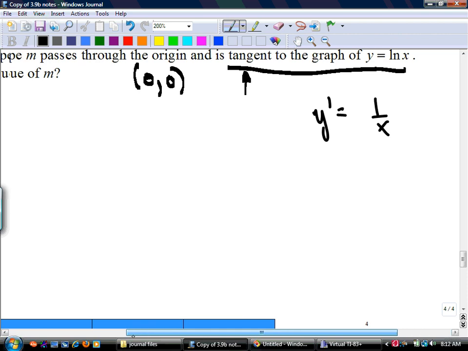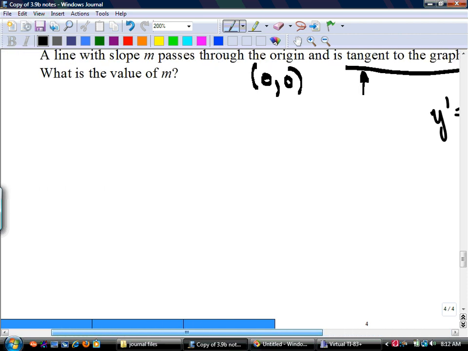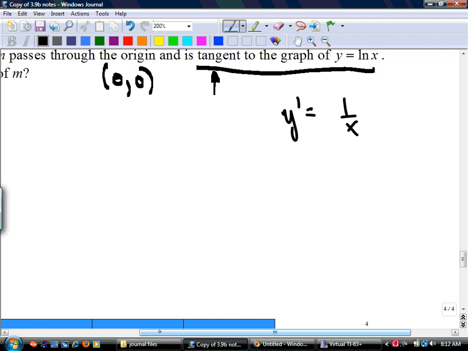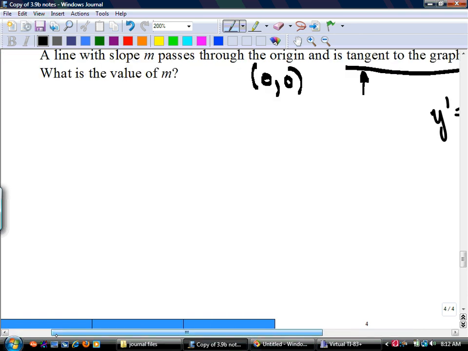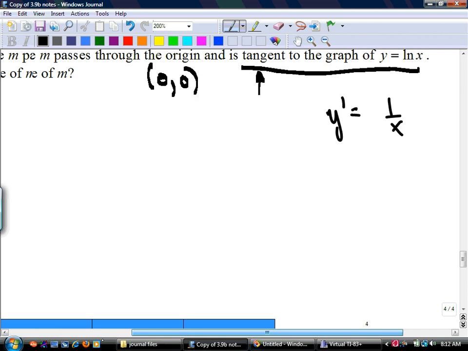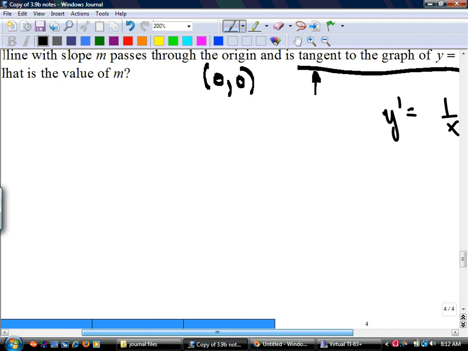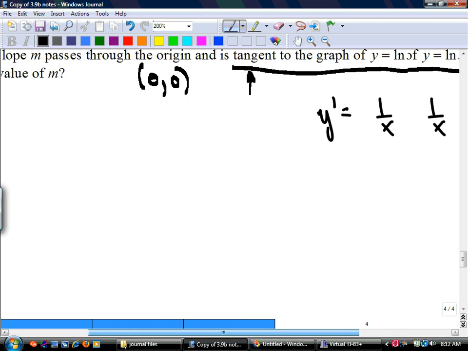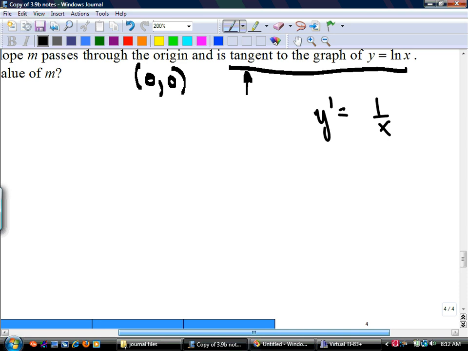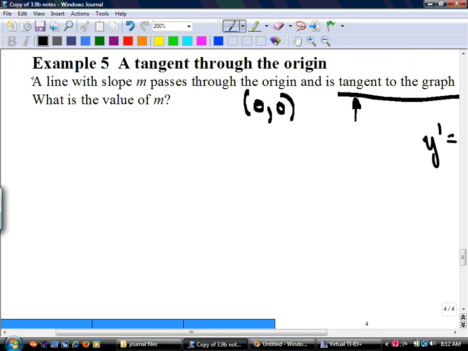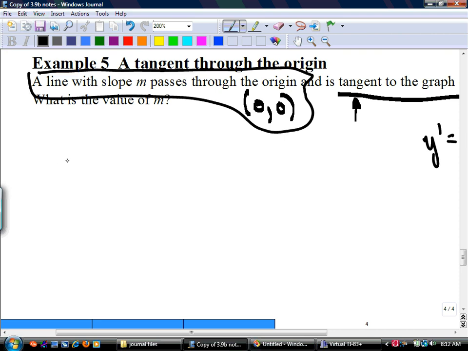So I am looking for a line with slope m. So what we're saying here, what is the value of m? So this line, a line with slope m through the origin: y minus 0 equals m times x minus 0.